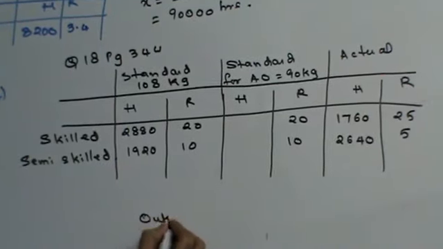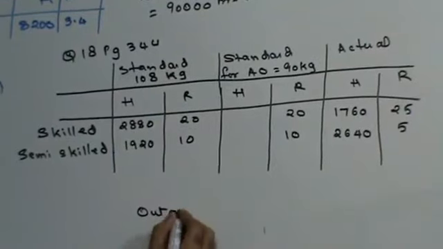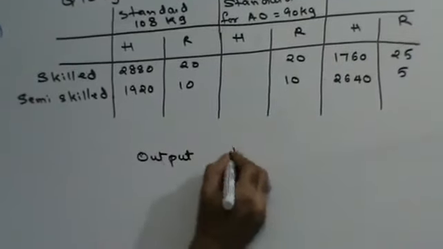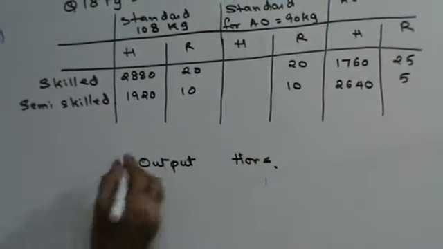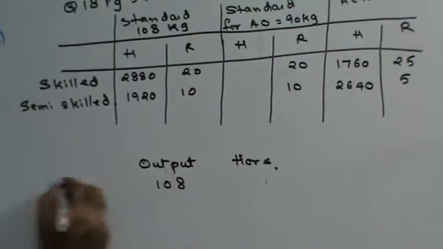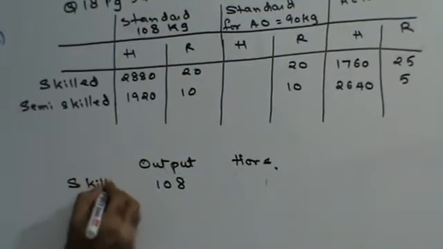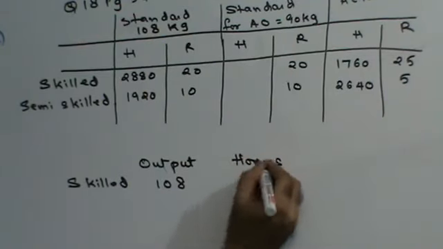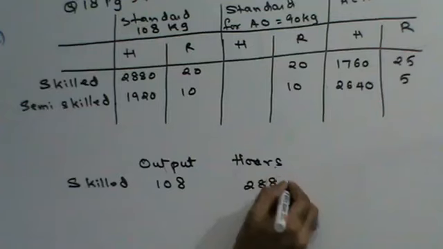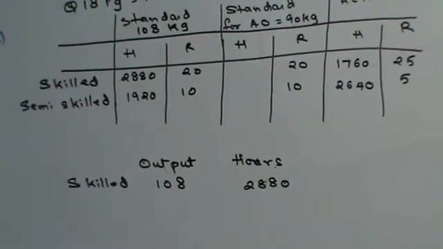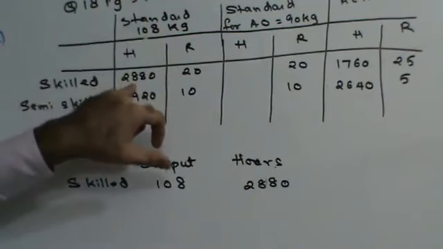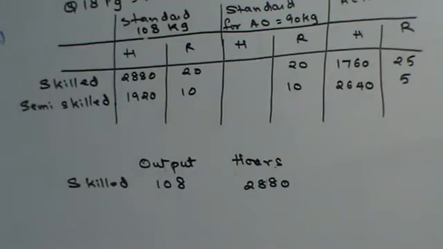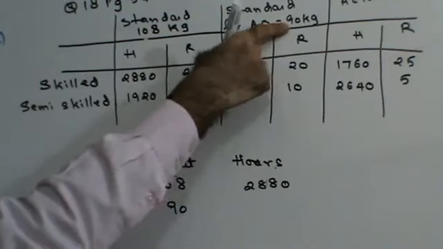Output, hours. For 108 kgs skilled labor requires 2880 hours, but my actual output is only 90 kgs.